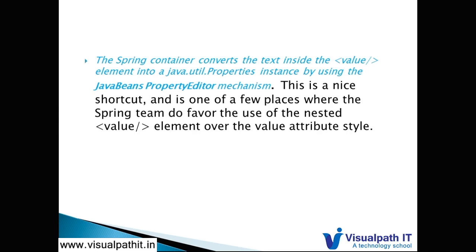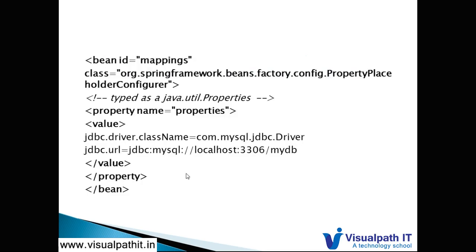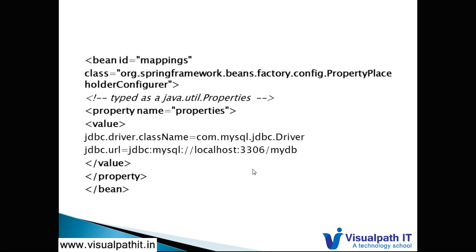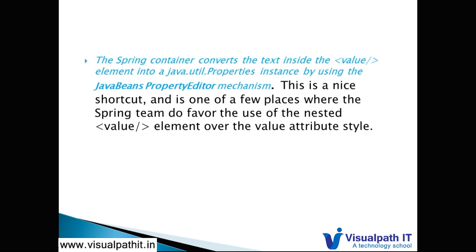It converts the text inside this particular value into the Properties instance by using the JavaBeans PropertyEditor mechanism. So it's a nice shortcut, and it also helps us in clear usage, and the Spring team favors the use of the nested value element over the value attribute style.